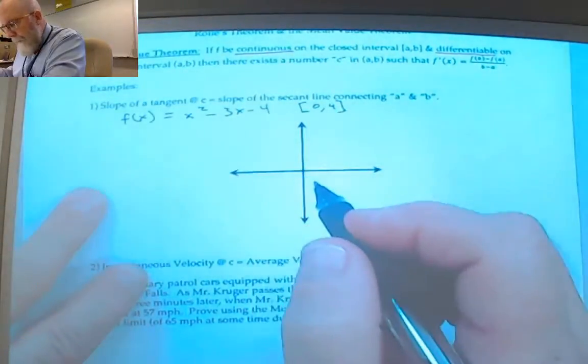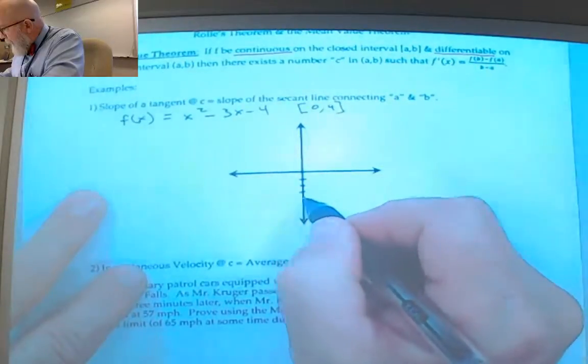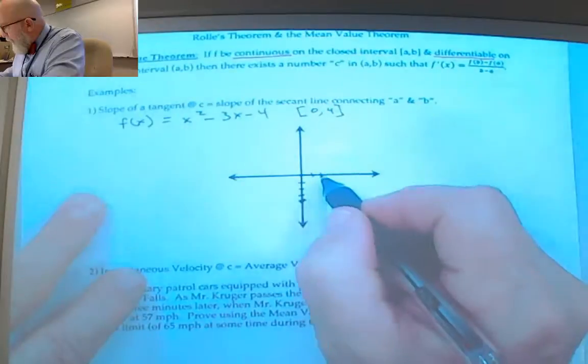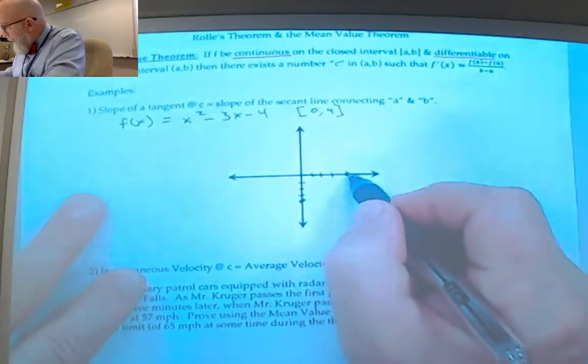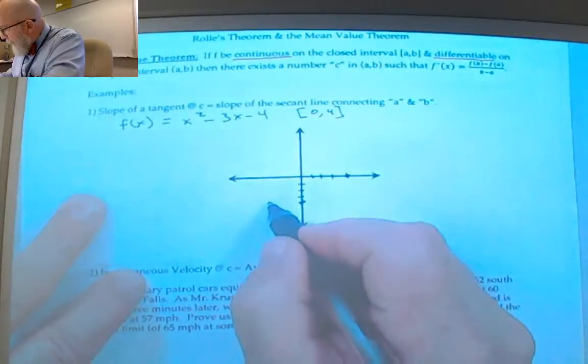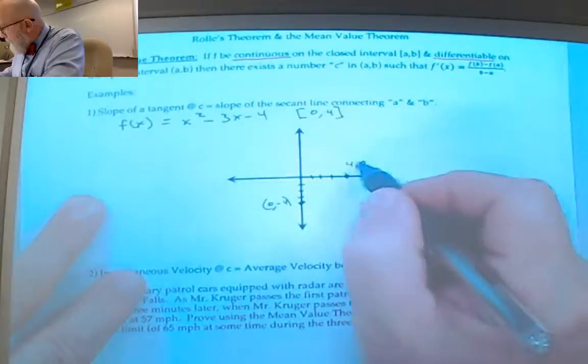And I plugged in 0, and I got negative 4. And when I plugged in 4, I got 0, so those are my endpoints: (0, negative 4) and (4, 0).